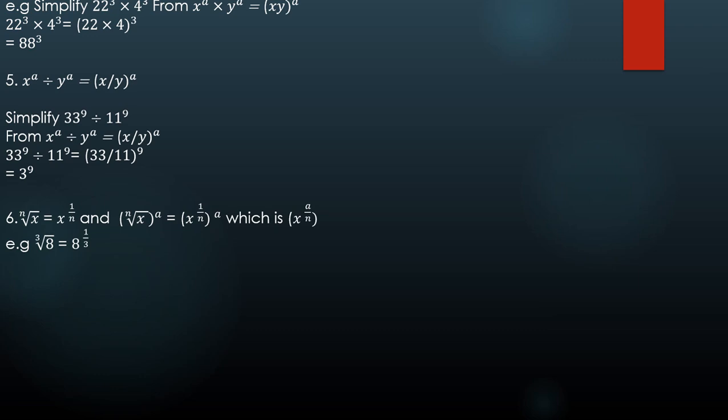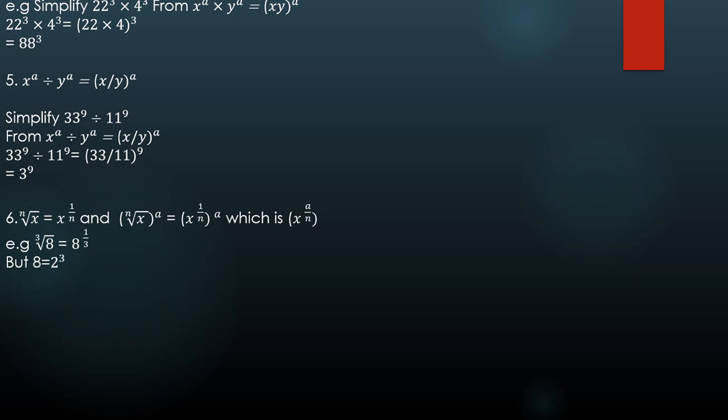But remember that we can easily make our 8 into a power of 2. 2 raised to power something should give me 8, right? So if I multiply 2 by 2 by 2, that would give me 8. I'm multiplying 2 three times, that would be 2 raised per 3. So 2 raised per 3 is giving me 8.